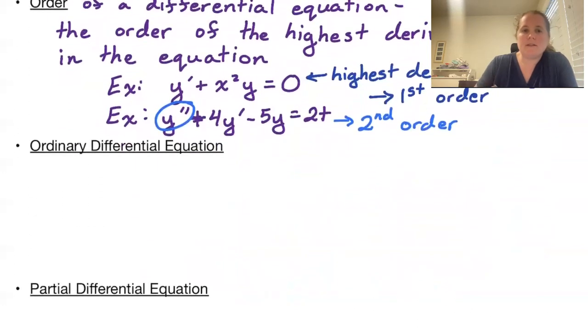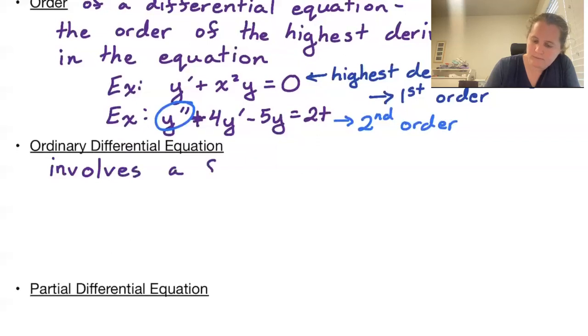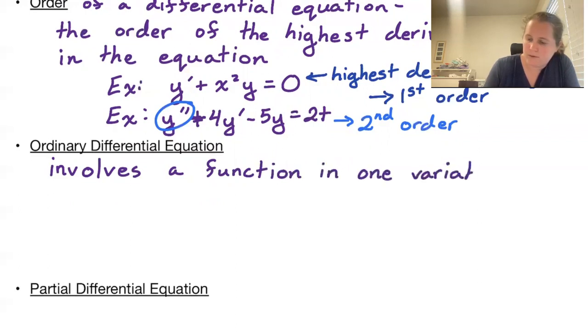An ordinary differential equation is what we'll be starting the semester off with. An ordinary differential equation involves a function in one variable. So both of the examples we have seen so far are ordinary differential equations.